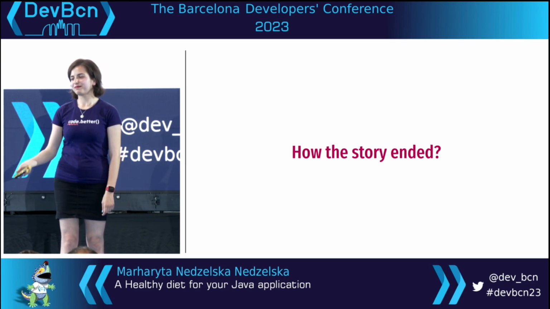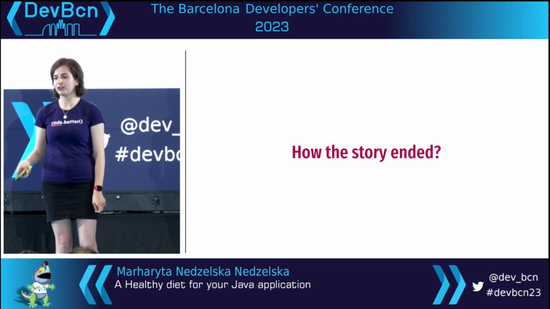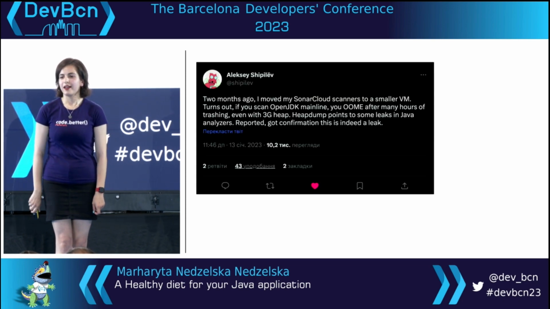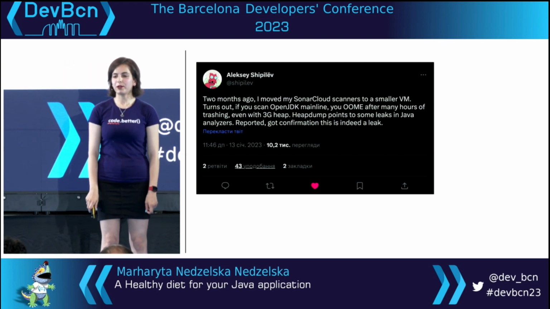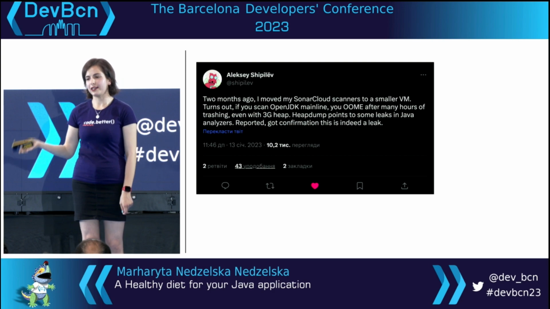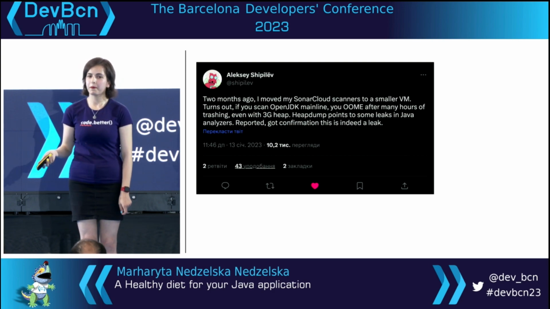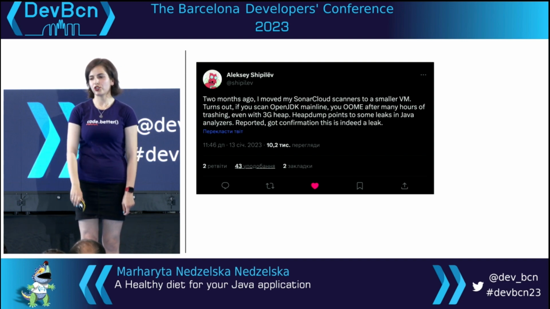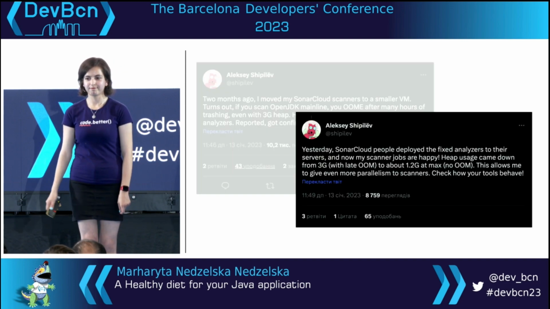But yeah, okay, I think that's enough holding the intrigue. Let's see the end. It ended with a couple of tweets by Alexei Shipilov, where he explained that he switched to a smaller VM, found an out of memory, reported it, and got confirmation that this was indeed a leak.